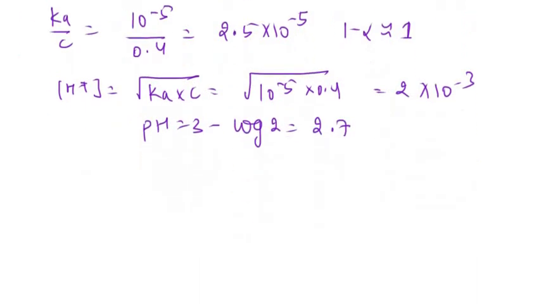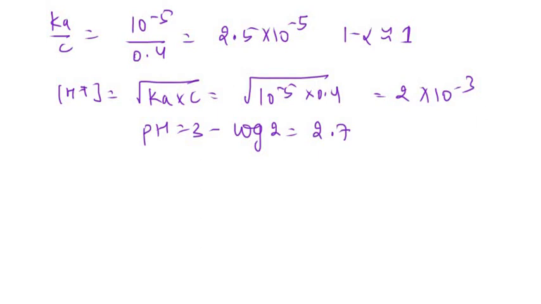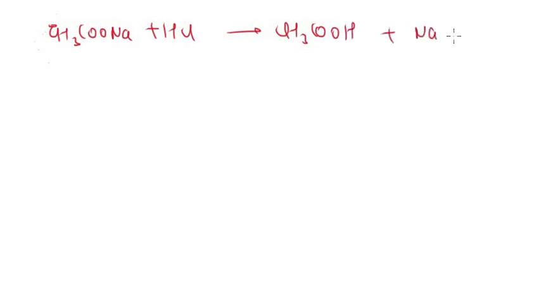Now in the third part, again we have acetic acid. Sodium acetate plus HCl is forming CH3COOH plus NaCl.